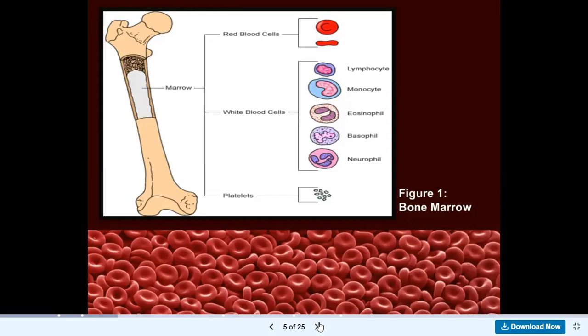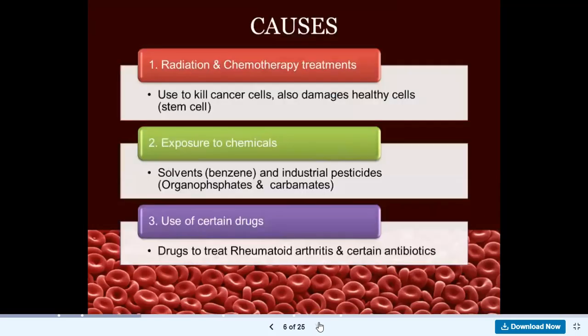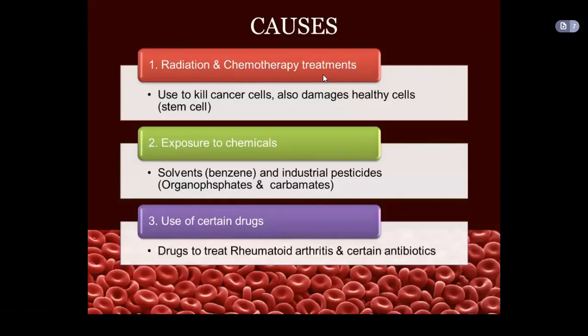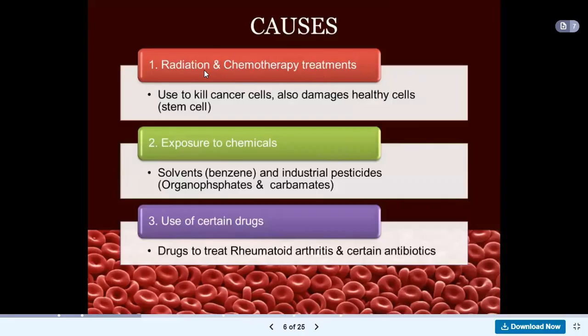Okay, so what are the causes of aplastic anemia? Why will the bone marrow stop producing adequate amounts of blood cells? Number one, radiation and chemotherapy treatment. Patients with cancer undergo radiation therapy and chemotherapy.